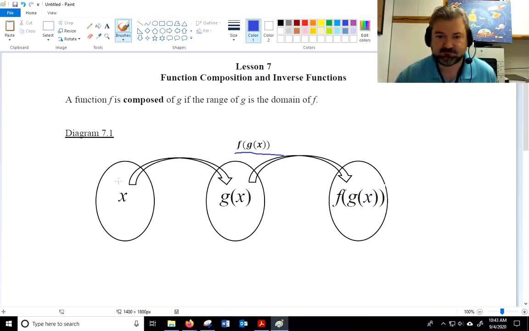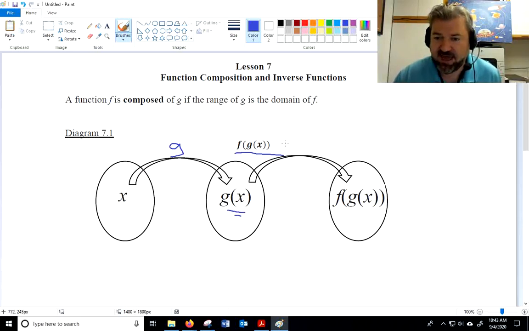Now, the domain here is of x. So this is my domain, and this function here, I'm sorry, this is not f, this is g, will map the x values to this g of x here.